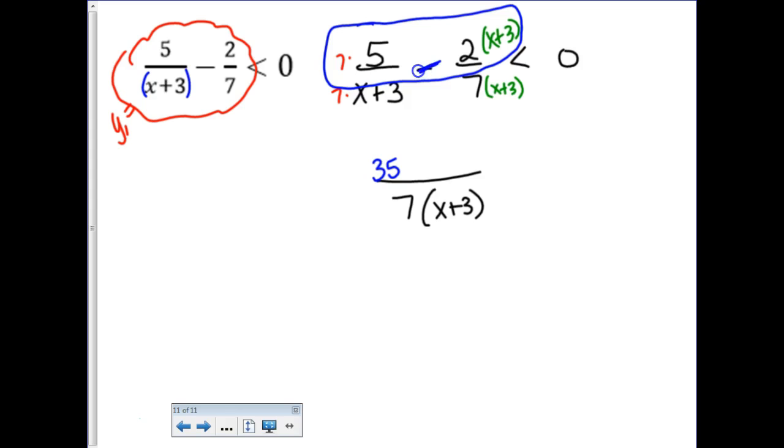Careful here, guys. It's a subtraction of 2 times an x plus 3 quantity. So it's negative 2x minus 6. Alright, so finally cleaning this all up, what do we have? Negative 2x, oh goodness, plus 29?